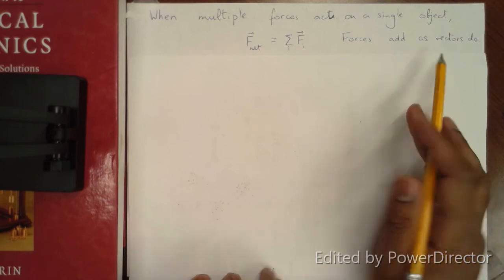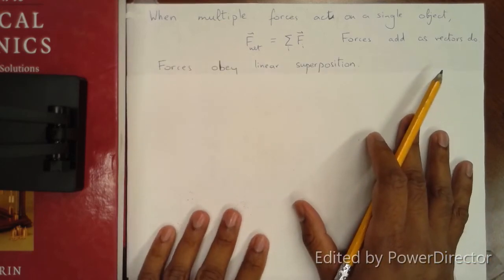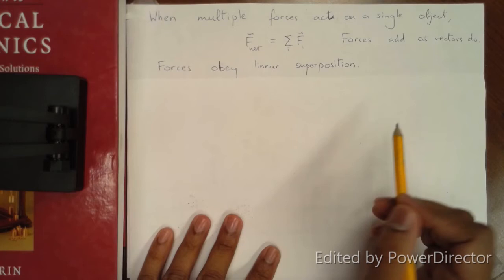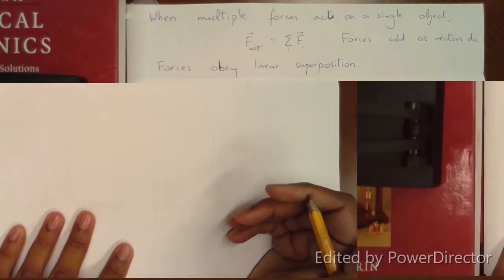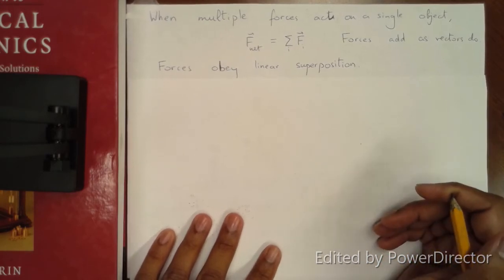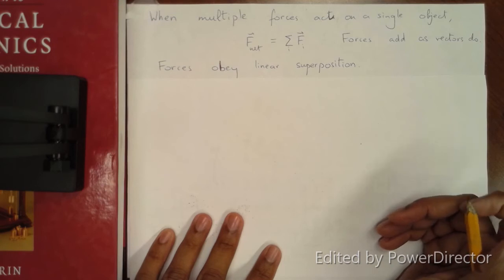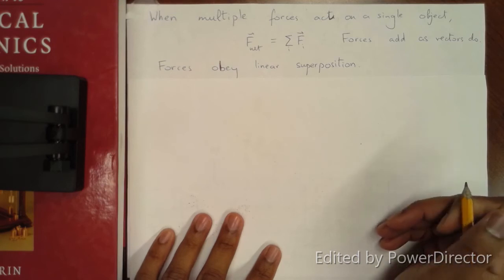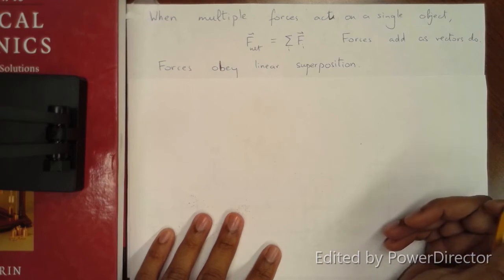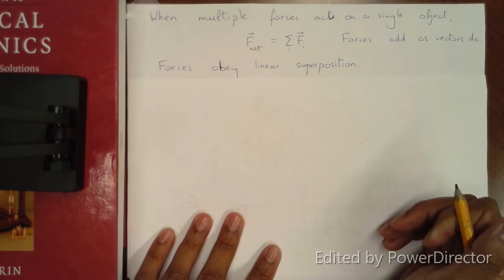They add the same way that vectors do. That is, forces obey linear superposition. That is, the effect of the net force is the same as taking the effects of each individual force and adding them all up. This is not a trivial observation.